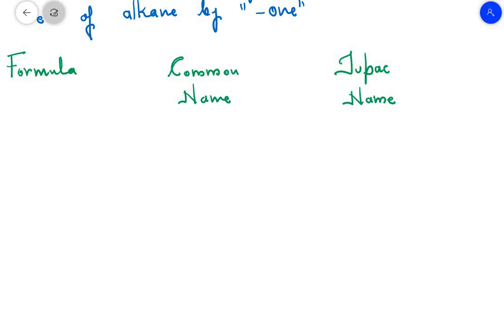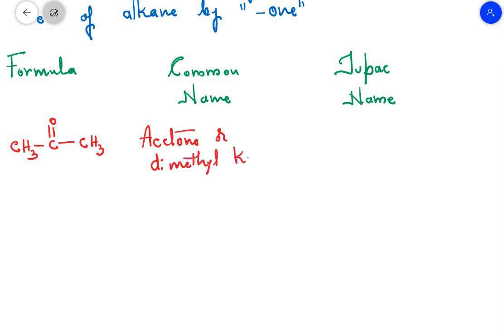The first example, CH3 C double bond O CH3. The name of this compound is commonly called acetone or dimethyl ketone. Just because we are having here two alkyl groups which are symmetrical, we are using the word di, and since the alkyl groups are methyl, we are using methyl, then followed by the word ketone.